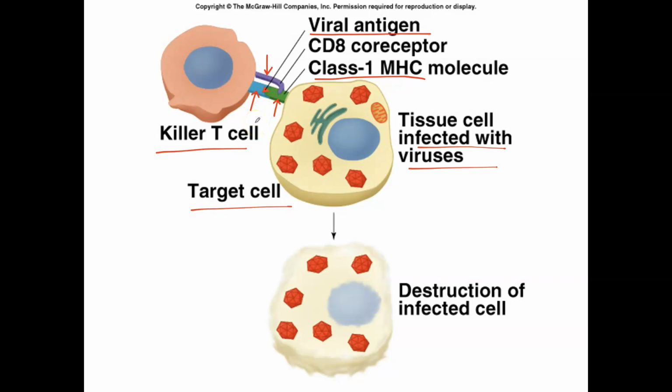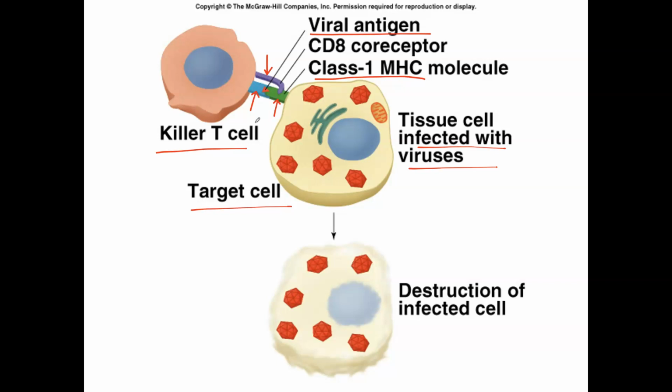So cytotoxic T cells can actually bind to cells in the body that are displaying foreign antigenic fragments. And if it's displaying an antigenic fragment on a class 1 MHC, then that cytotoxic T cell can recognize that that is an infected body cell.